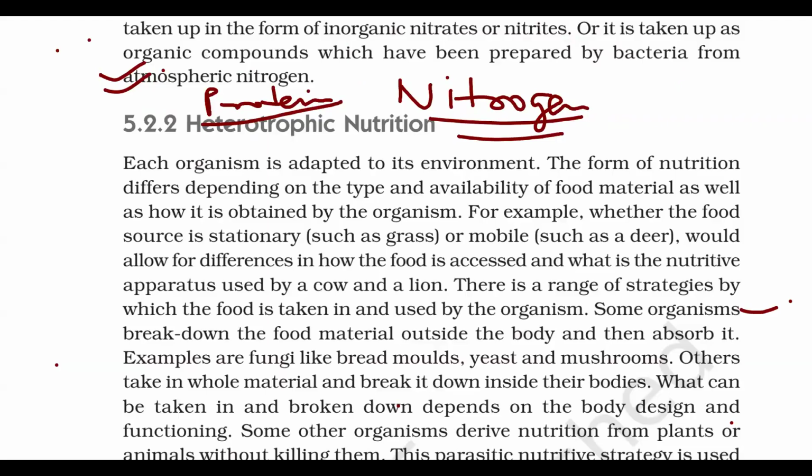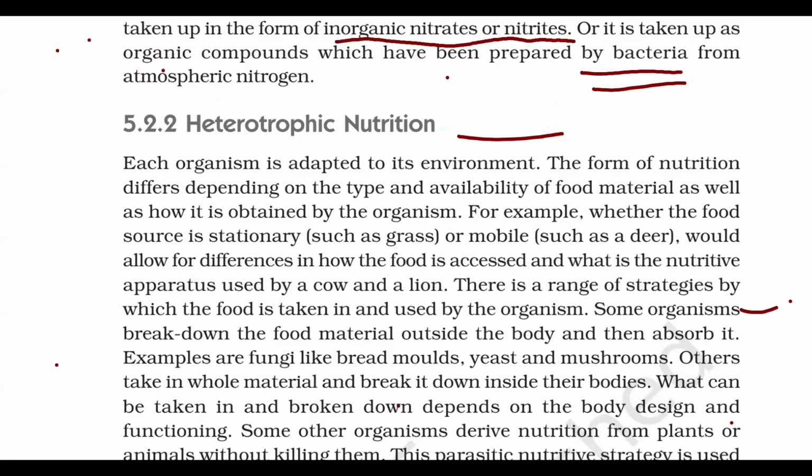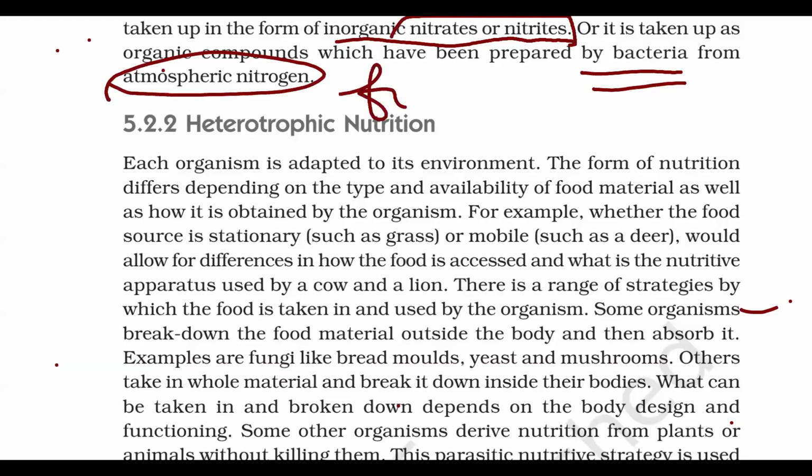But in case of plants, this atmospheric nitrogen is accessible with the help of bacteria in inorganic form, nitrates and nitrites. Now, who is preparing these nitrates and nitrites for the plant? Bacteria. Which atmospheric nitrogen? In which form? Nitrates and nitrites. For the synthesis of proteins. Clear?